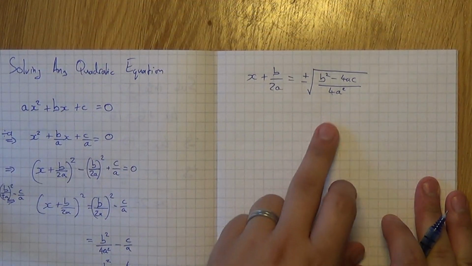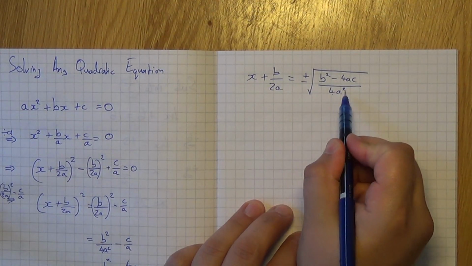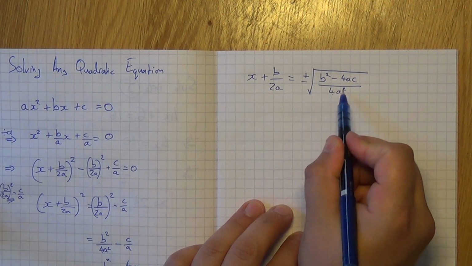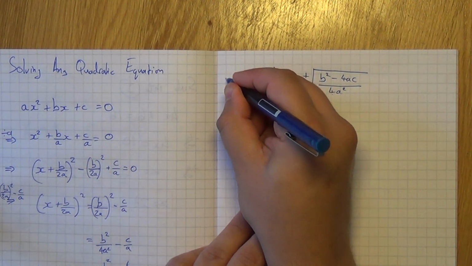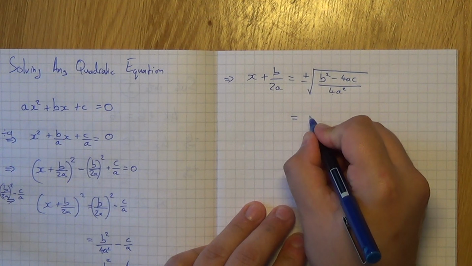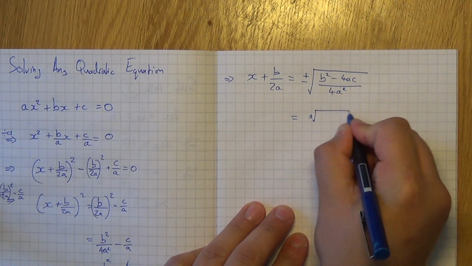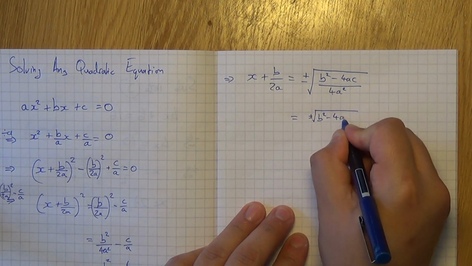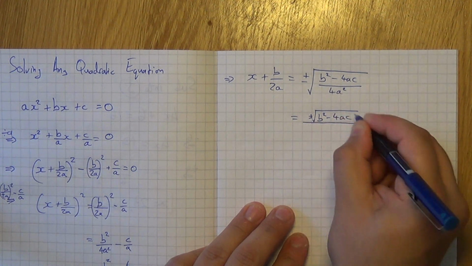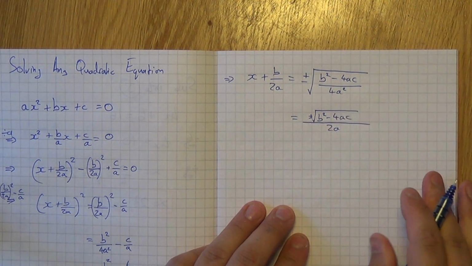And then working on this part of the equation, the bottom of this denominator is all square, so I can square root that. So I'll have plus or minus the square root of b squared take 4ac, and then I'll divide that all by just 2a, because that's the square root of 4a squared.